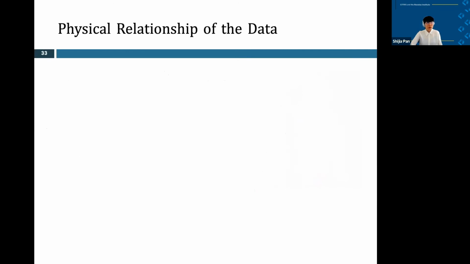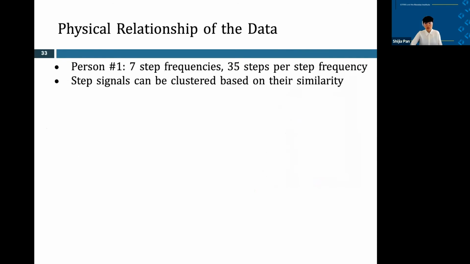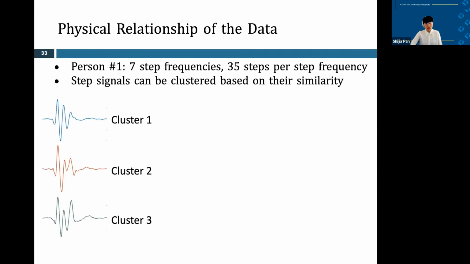So we ask one of the pedestrians to walk at 7 different speeds, or what we call step frequencies here. For each step frequency, we collect 35 steps. Then we put all these collected signal segments together and cluster them based on their waveform similarity, and we end up with 3 major clusters, as you can see here. We plot the center of each cluster's waveform on the left-hand side, and they are quite distinguishable.